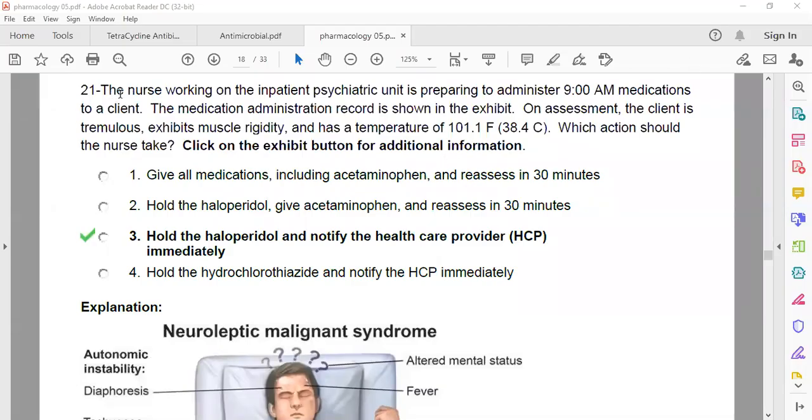Question here. The nurse working on an inpatient psychiatric unit is preparing to administer the 9 a.m. medication to the client.